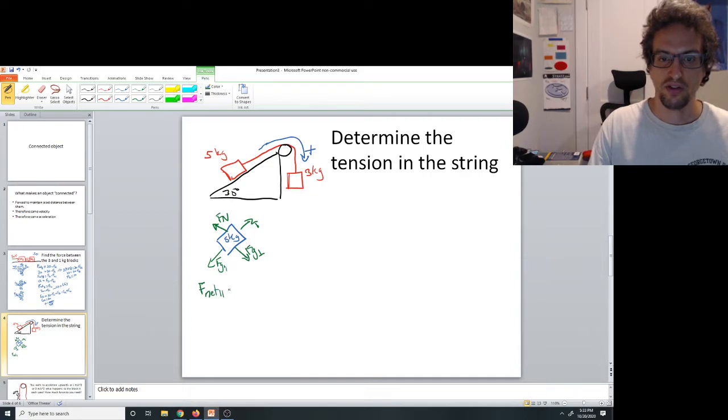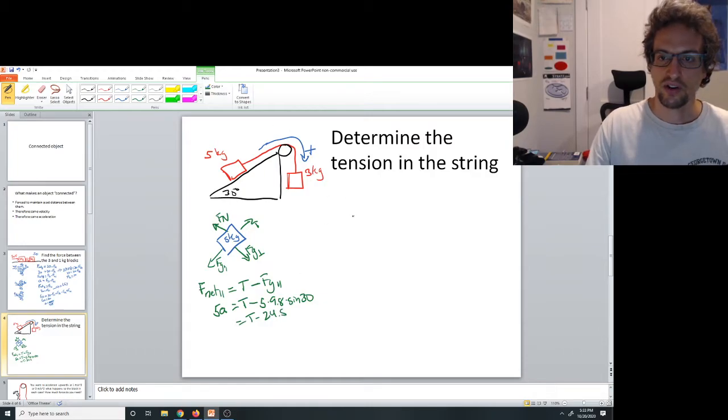F net parallel is going to be equal to tension minus FG parallel. And F net, the net force here, this is M times acceleration, so I really should say 5 times the acceleration. Tension minus 5 times 9.8 times sine of 30, which is tension minus 24.5.